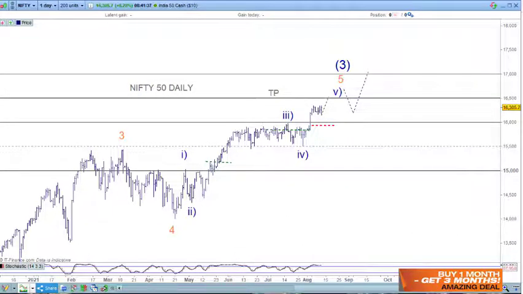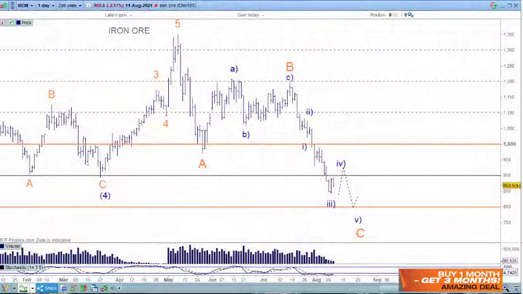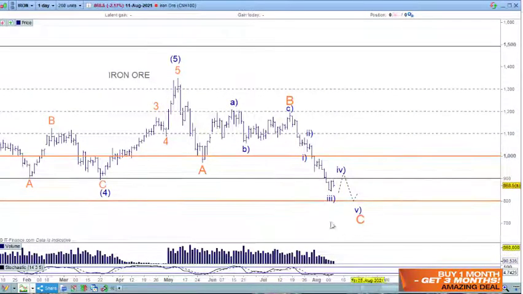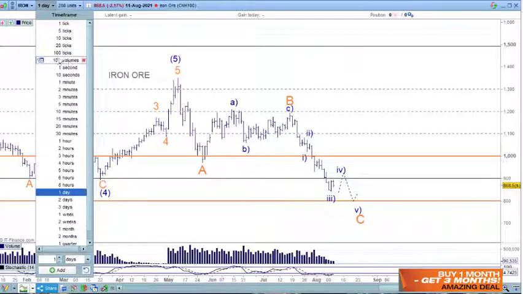And let's go look into the iron ore situation. So iron ore, I think there's one more little move down here. So looking at this as 1 and 2 here, and then 1, 2, 3, 4 and 5 for the third wave, the fourth wave and the fifth wave. On the tick chart, we can go in and have a look at that.